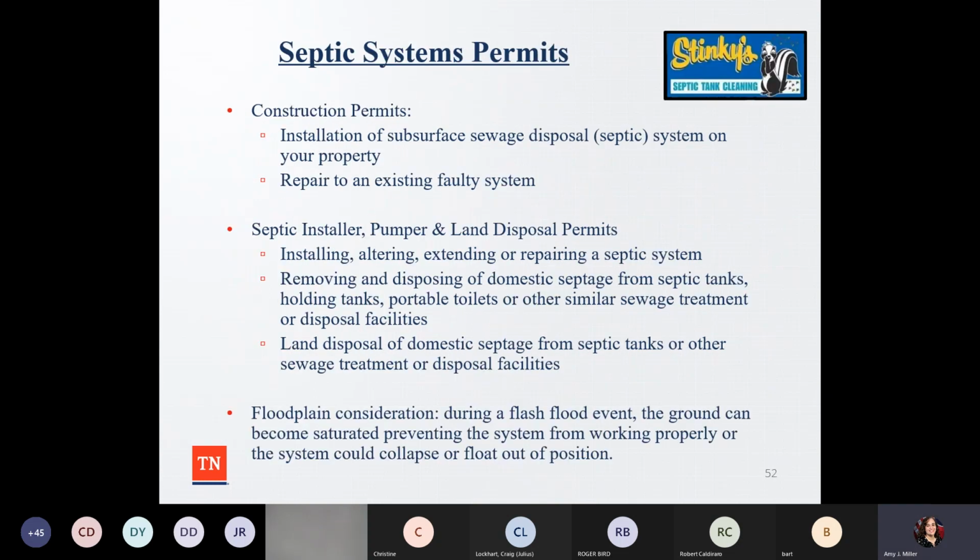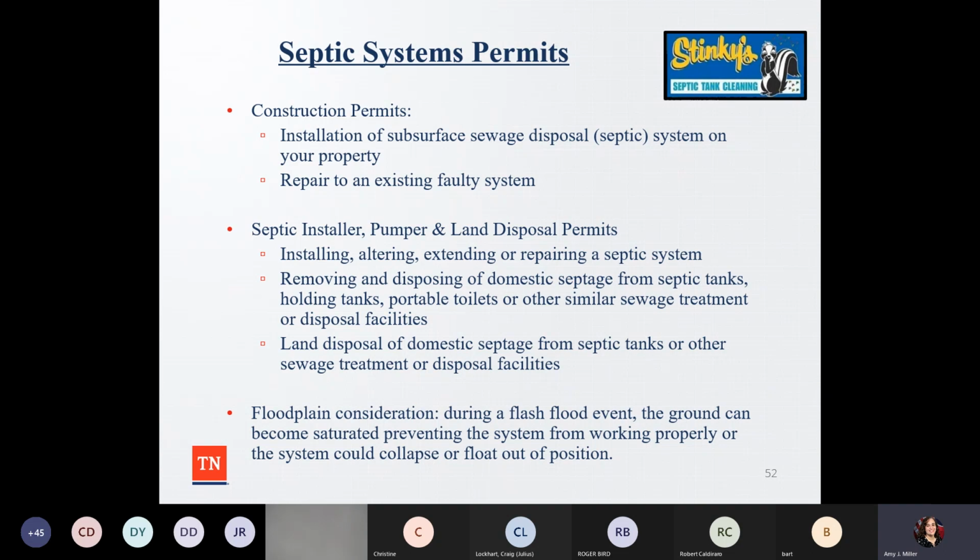And then we talk about septic permits, have a construction permit. So you want to have the installation of subsurface sewage disposal septic systems on your property, or to repair an existing faulty system. So there has to be a septic installer, pumper, and land disposal permits.